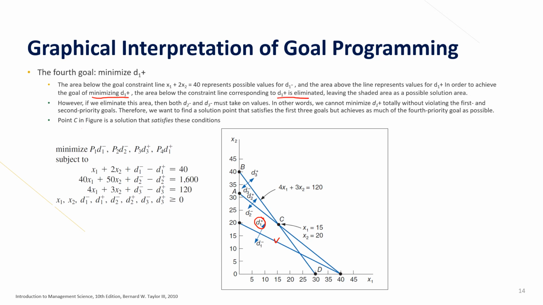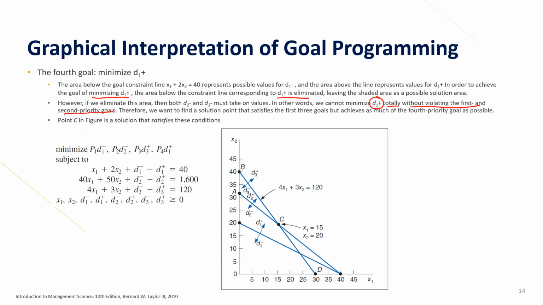However, if we eliminate this area, then both D2 minus and D3 minus need to take value, because their priority is higher than D1 plus. So we cannot minimize D1 plus totally without violating the second and the third priority goals.